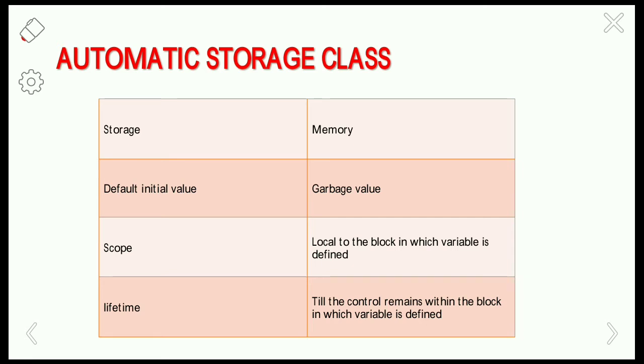Here the variable will be available local to the block where it is defined, and the lifetime of the variable lasts as long as the control remains within the block in which the variable is defined. Throughout the block where the variable is defined, the lifetime will be extended.